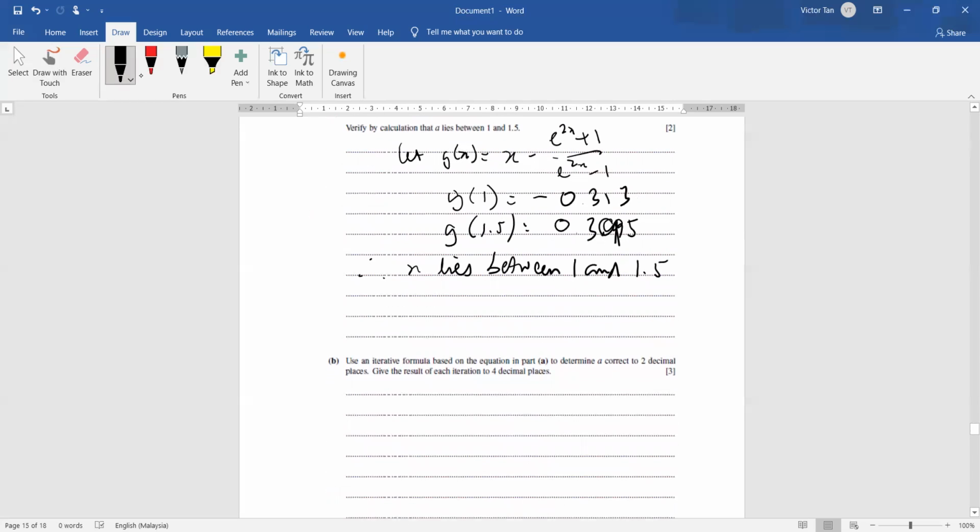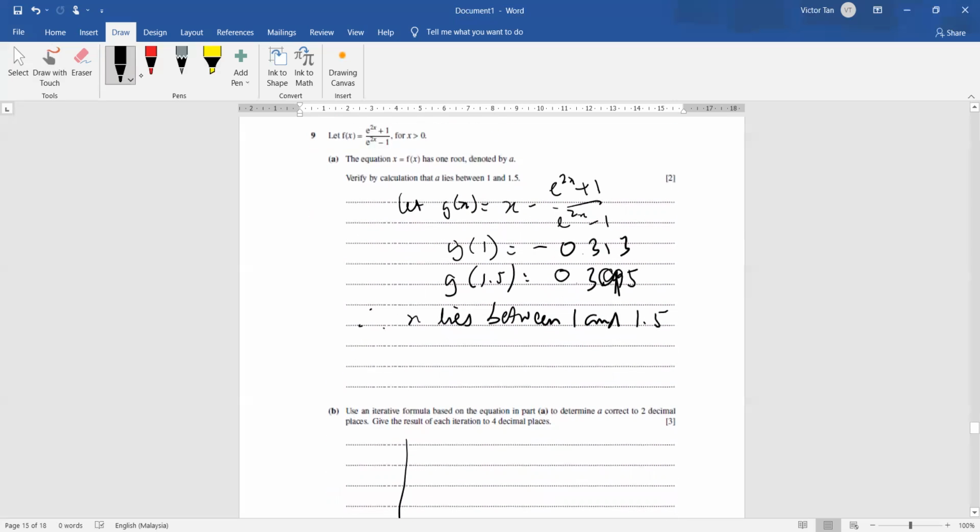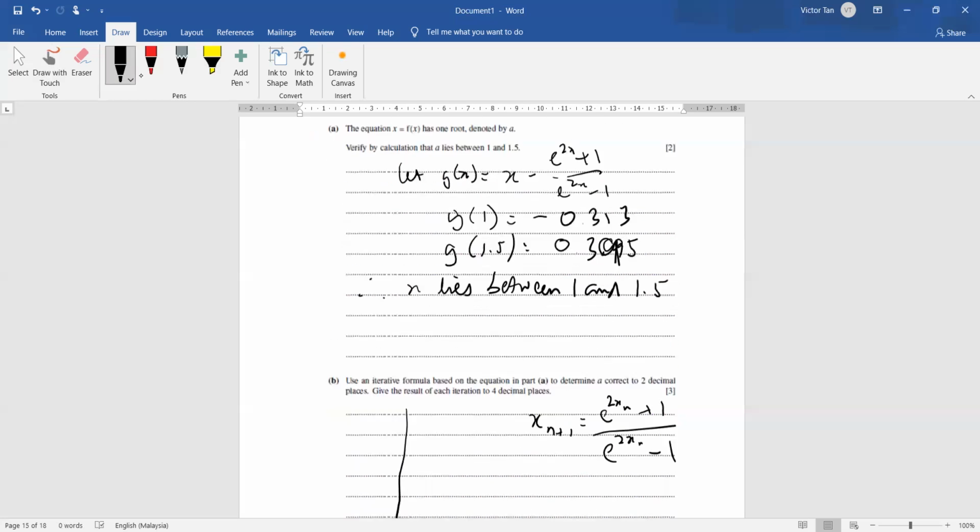Use an iterative formula based on the equation in part A to determine a correct to 2 decimal places. Iteration in 4 decimal places. So the iteration will be x n plus 1 equals e to the power of 2xn plus 1 over e to the power of 2xn minus 1.